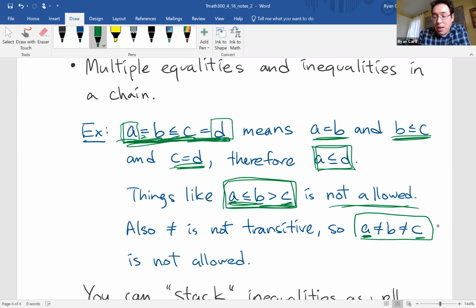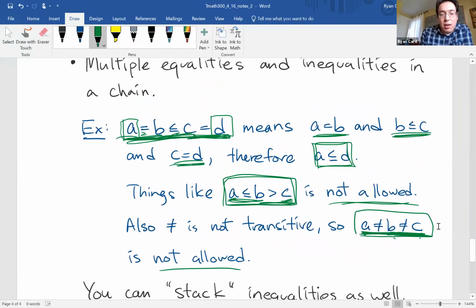You could have A not equal to B and B not equal to C, but A might still be equal to C, because it's not a transitive relationship. So it's unclear when you write this. Do you mean that A is not equal to B or B is not equal to C? Or do you mean all of these three things are not equal to each other? Because it's unclear, it is not allowed.